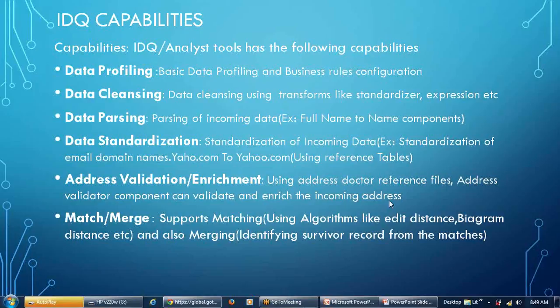So that person would run the column profiling, and on top of that add all these business rules. He will run the profile and share that URL to the business user. The business user will log into analyst with the user ID and password, and he would be able to see the profile there. Whatever business rules he asked for, the outcome of the business rule will also be there in the profile in the analyst tool.